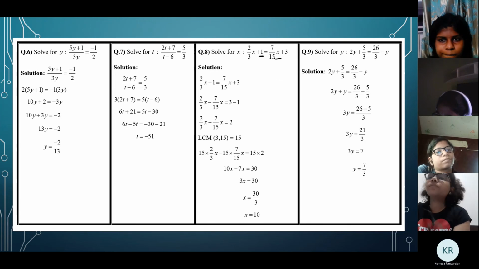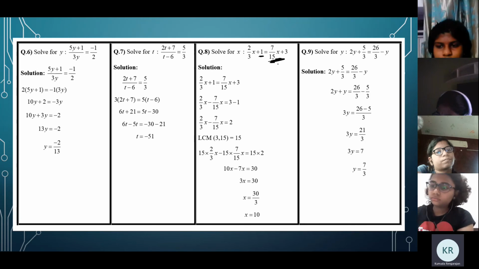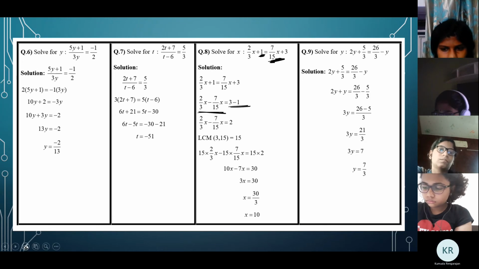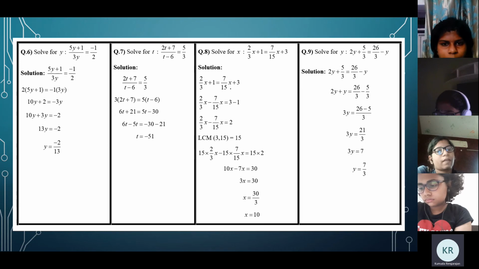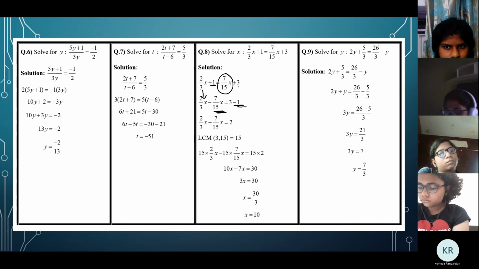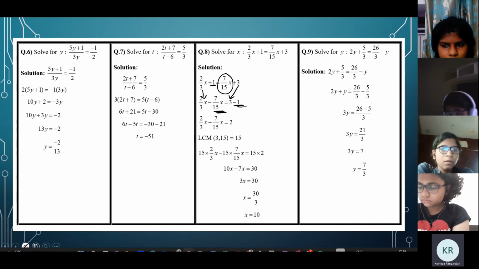This x term, which is in the RHS, we are bringing to the LHS, and this plus 1 we are moving to the RHS. We want the 3 and 1 together and the x terms together. So 7 by 15x will become minus 7 by 15x in the left hand side, and this plus 1 will go to the other side as minus 1. 2 by 3x is remaining in the same place in the left hand side. 3 also is in the same side, so signs will not change.